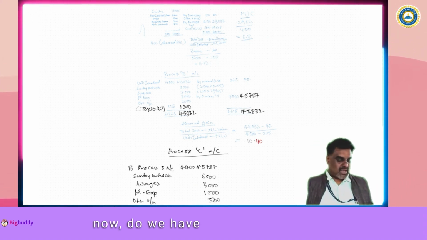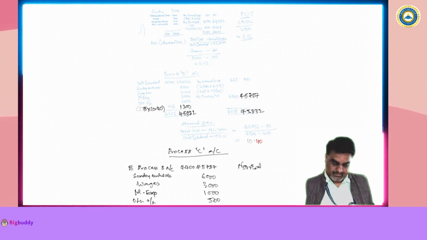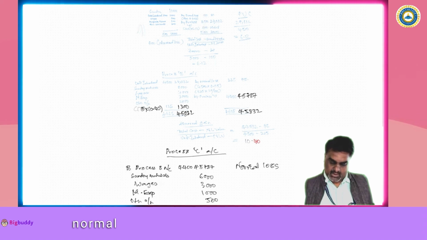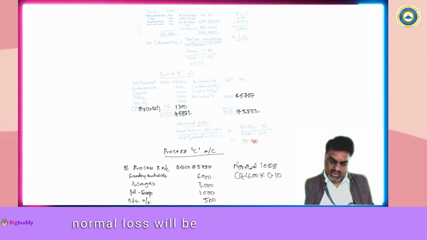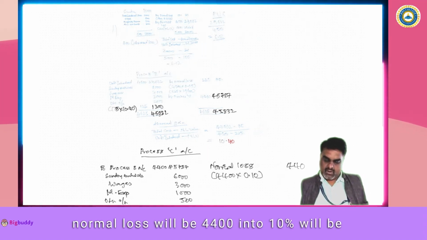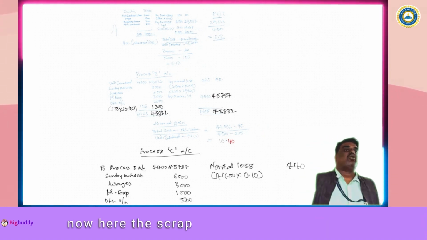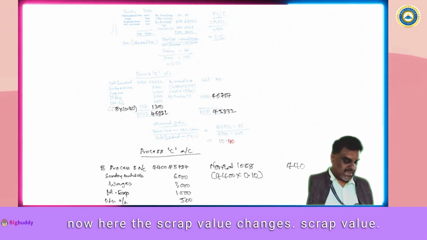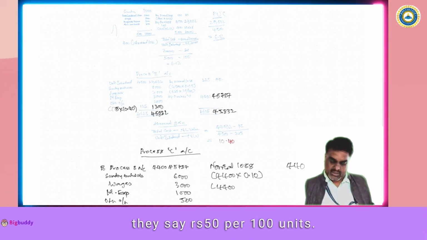Now, do we have normal loss here also? Normal loss will be 4,400 into 10%, which is 440. Now here, the scrap value changes. They say 50 rupees per 100 units.